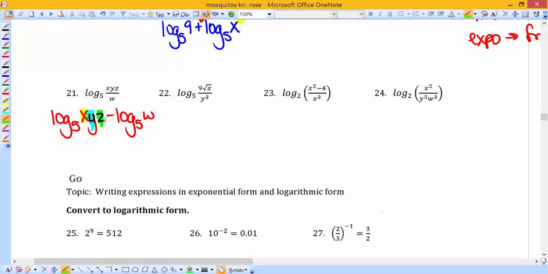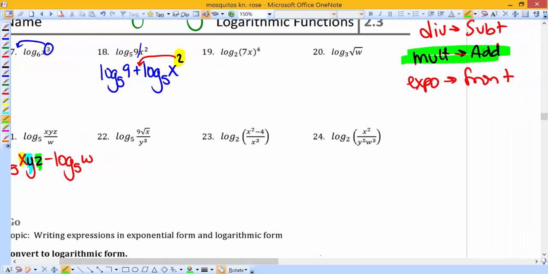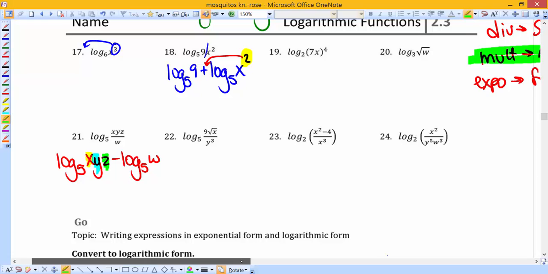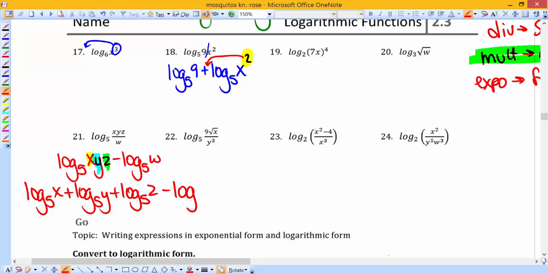So I have to write those separately. And how do you separate multiplication? If I look back here, multiplication becomes addition. So I'm going to write this as 3 separate additions. Log base 5 of x plus log base 5 of y plus log base 5 of z. Then it's minus the log base 5 of w.